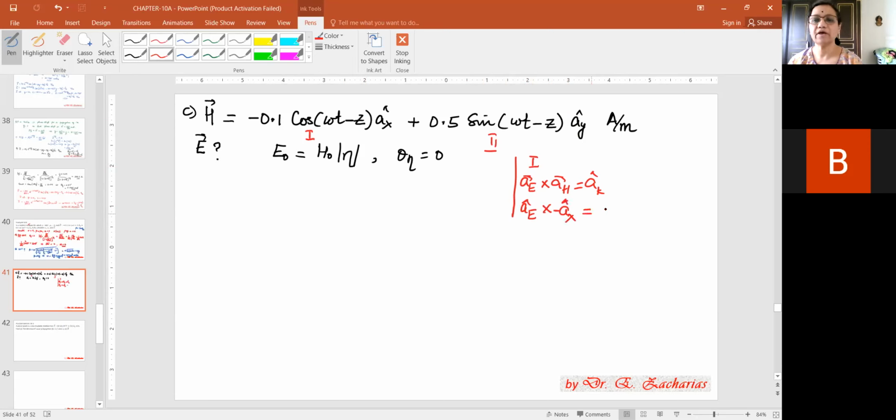And the propagation is along the positive Z direction only. So now tell me, what will be AE cap for the first term? Positive Y. Just cross product you need to know, that's all. So for the first term, the electric field is going to be along the AY cap direction.